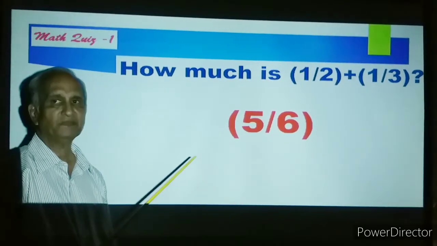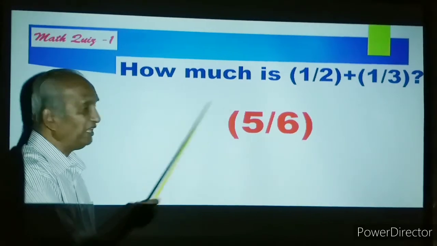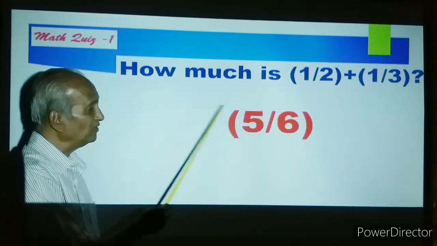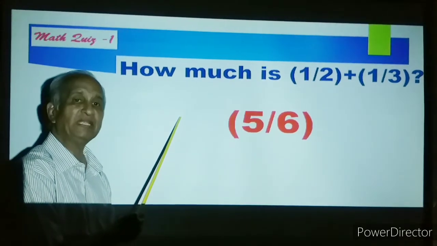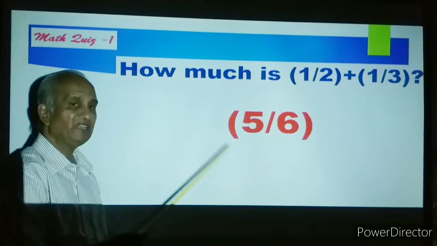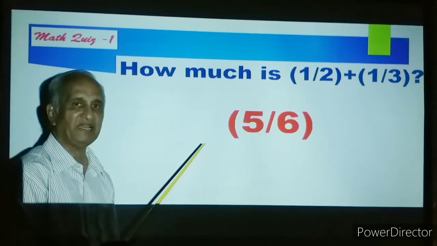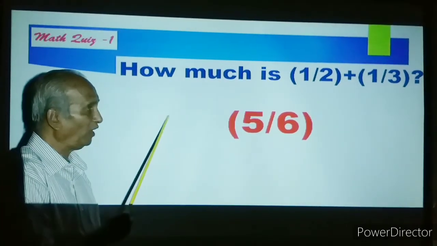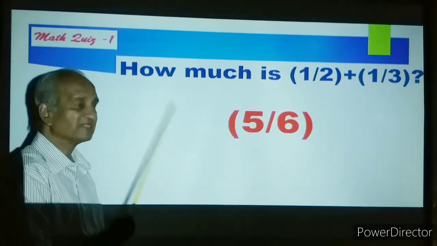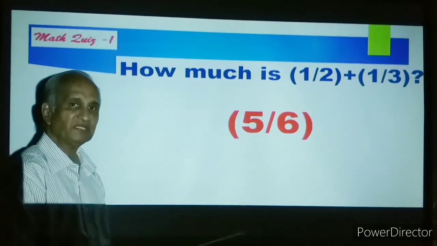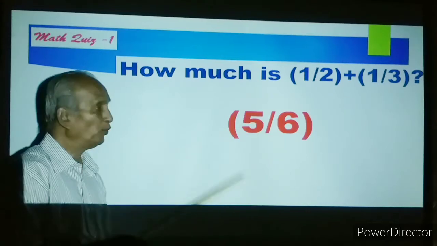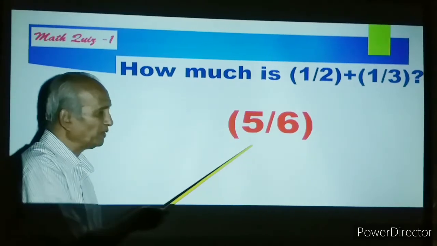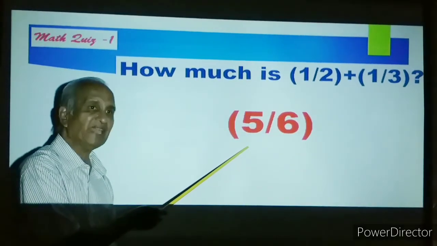So you need, for the two denominators 2 and 3, the lowest common multiple. For 2 and 3 the LCM, lowest common multiple, is 6. Half becomes 3 by 6. 1 by 3 becomes 2 by 6. 3 plus 2 is 5. 5 over 6. 5 by 6 is the answer.